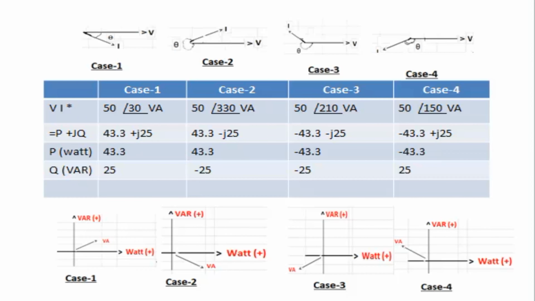Third case, watt is negative and var is negative, so it falls into the third quadrant. Case 4, watt is negative and var is positive, so it falls into the second quadrant. You see the current waveform, the vector waveform and these watt and var vectors. Here, the conjugate of that value only you will get.